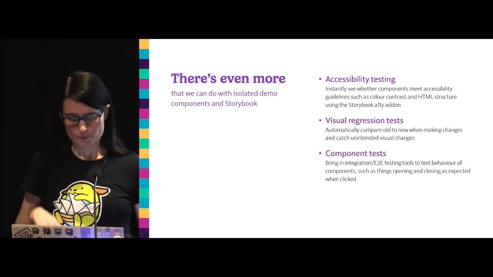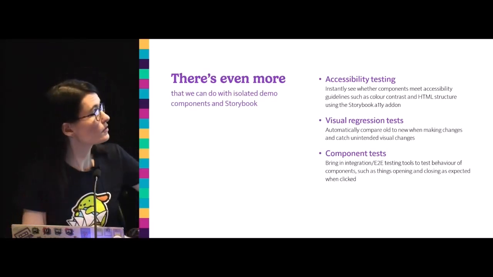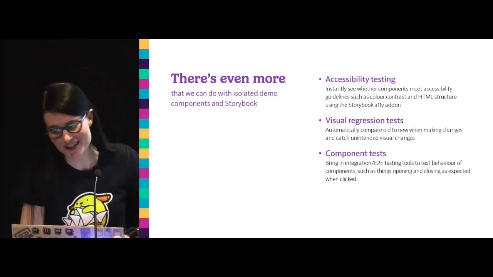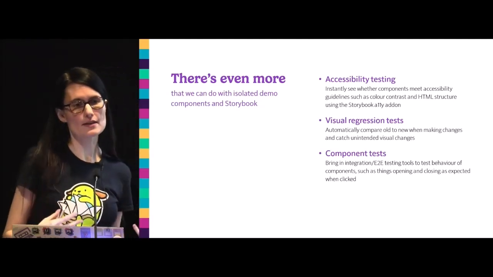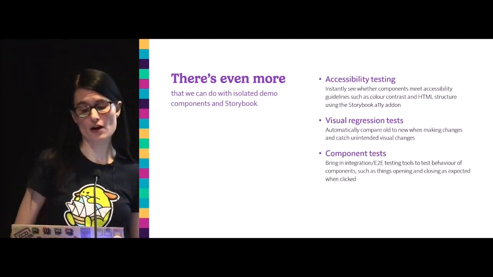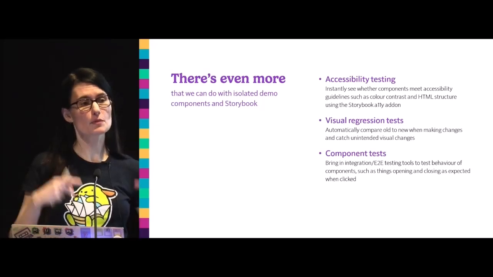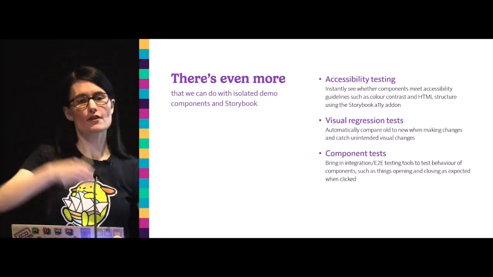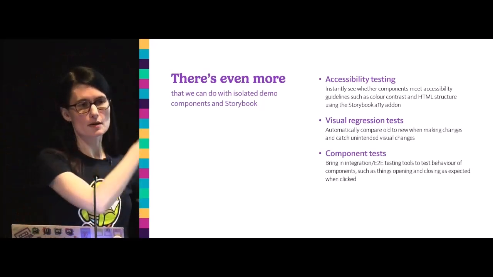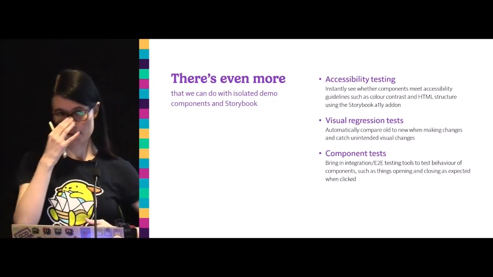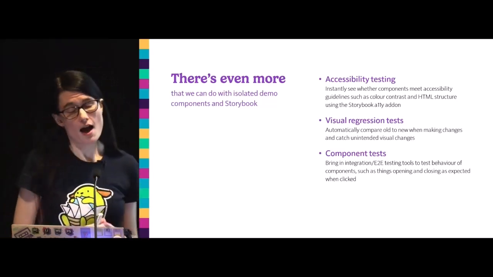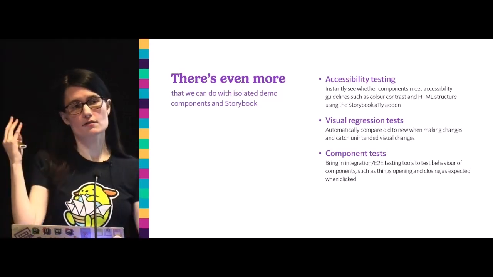Cool. And some of the things that I didn't have time to go into in detail today are some of the other things that we can do with this sort of Storybook environment. Accessibility testing, because we can set up every variation, and we can run some of the tools that Kitty spoke about earlier today, about contrast and document structure and all of that.